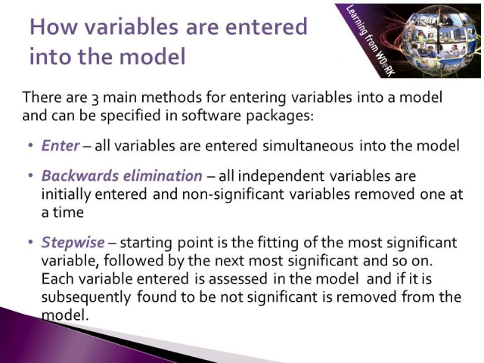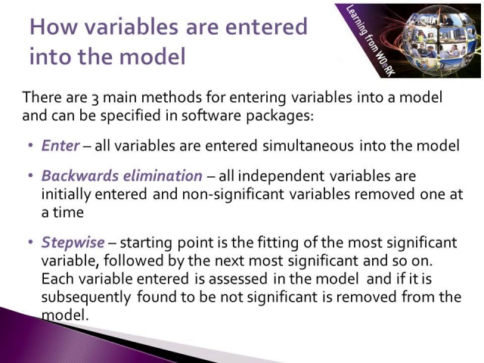Now, there are 3 main methods for actually entering variables into a model, and they can be specified in different software packages. We have just entering the variables, we have backwards elimination, and we have stepwise as well. So with enter, basically all variables are entered simultaneously into the model.